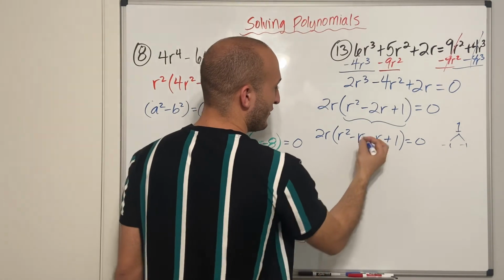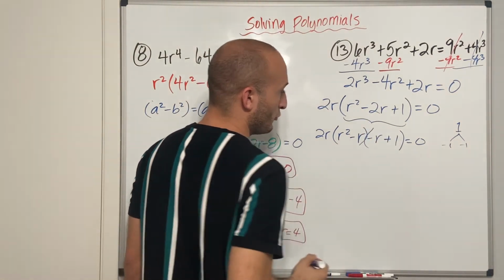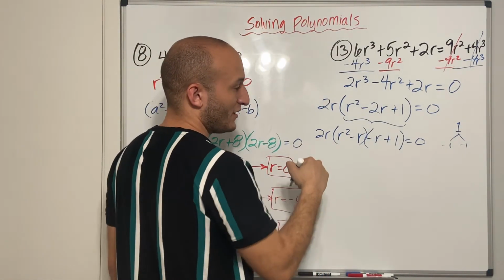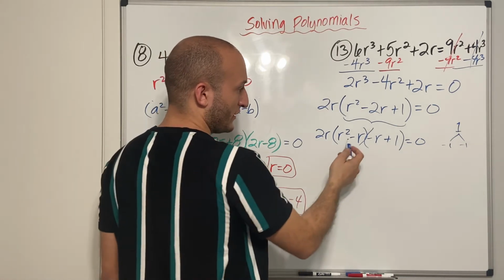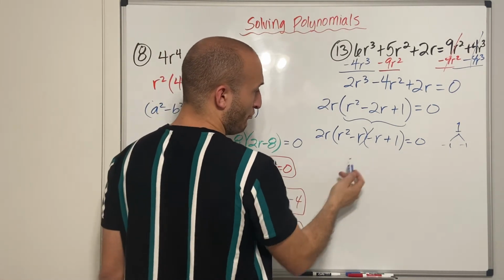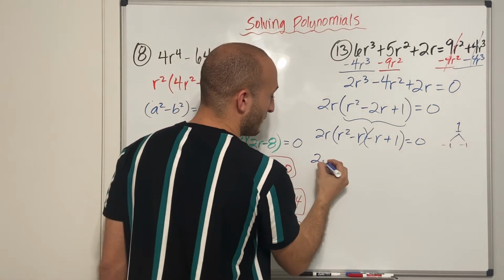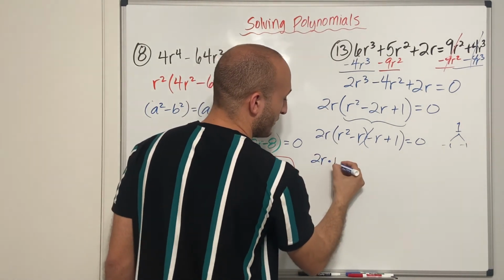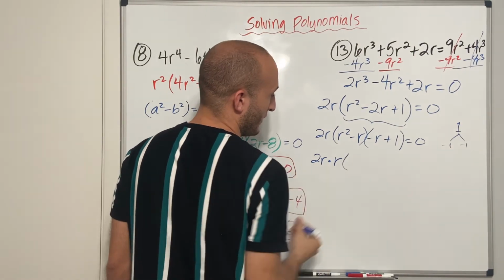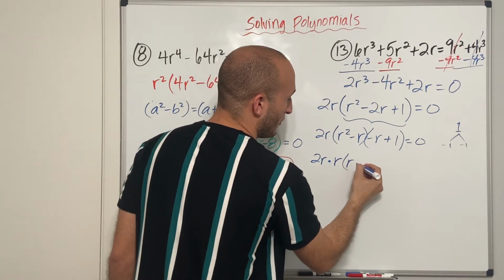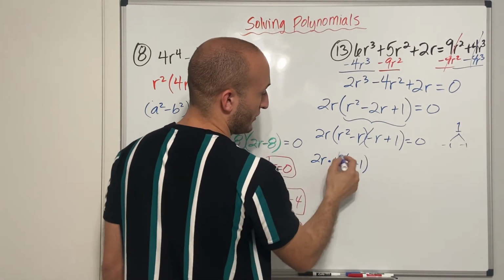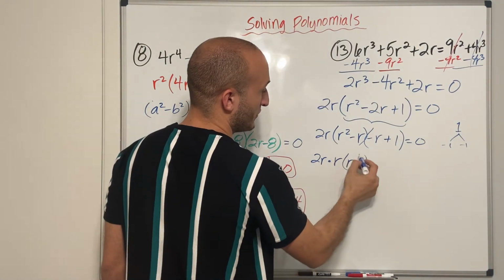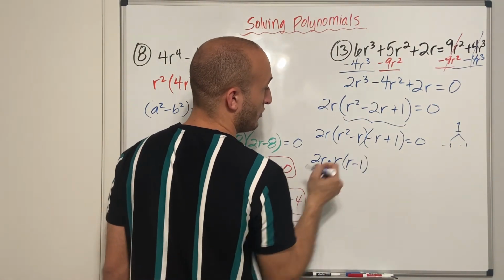Okay? Then here I'm gonna group, and then I'm gonna find the greatest common factor here. I can bring out an r, so I have a 2r times the r that I'm pulling out here, okay? And I'm left with r minus 1, right? Because r times r gives me r squared, r times negative 1 gives me negative r.